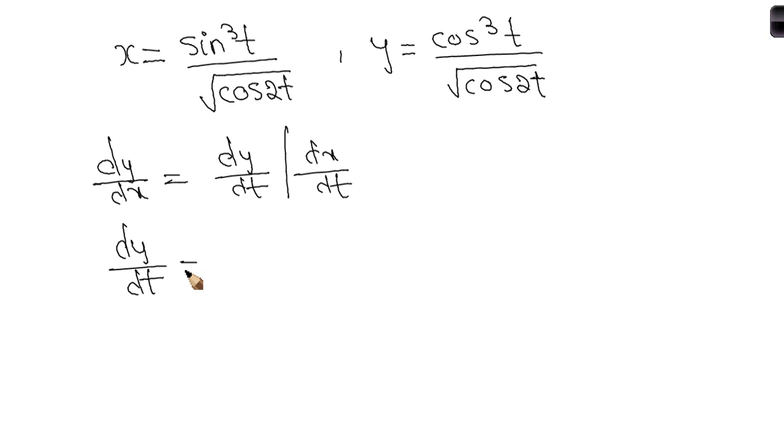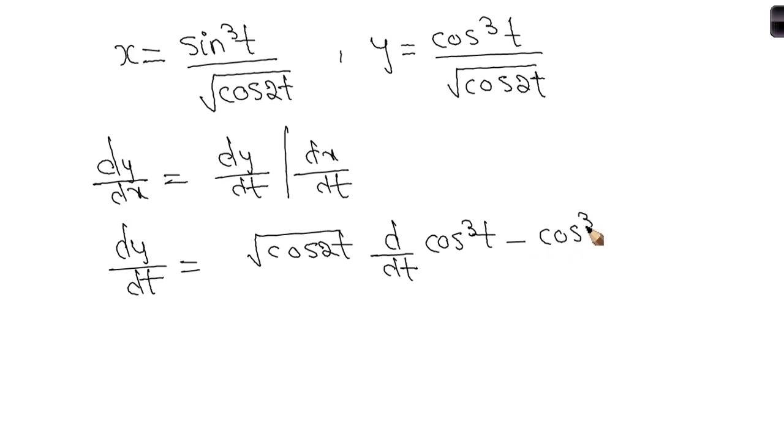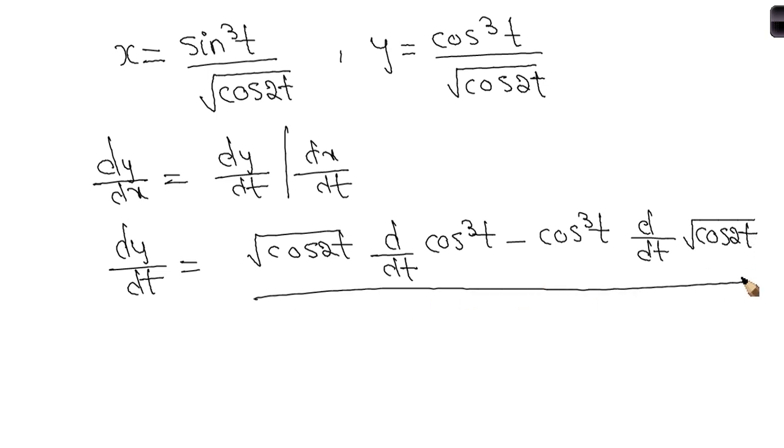dy by dt is the same as, by the u by v rule, root cos 2t into the derivative of cos cube t, minus cos cube t into the derivative of root cos 2t, upon root cos 2t whole square.